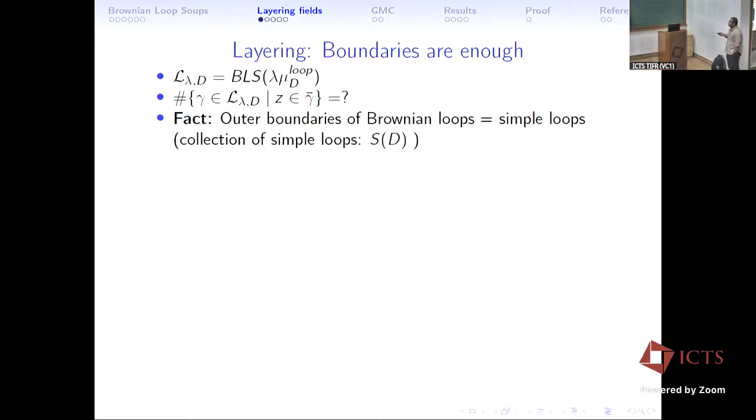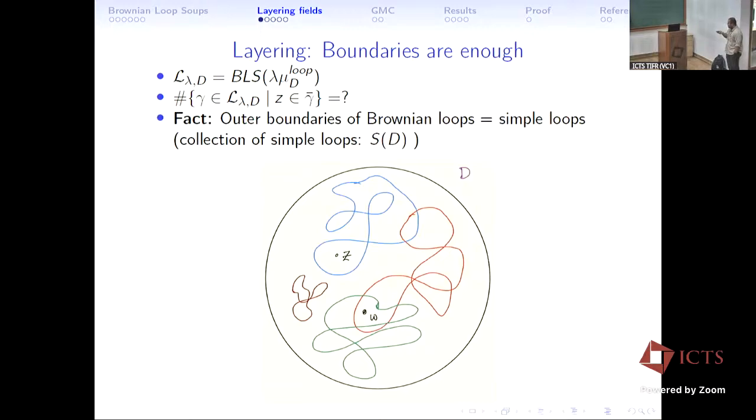Here I have the same picture of the Brownian loop soup, and I have 2 points, Z and W. You see that Z is covered by only one loop, the blue loop, and W is covered by 2 loops, the green and the red one.